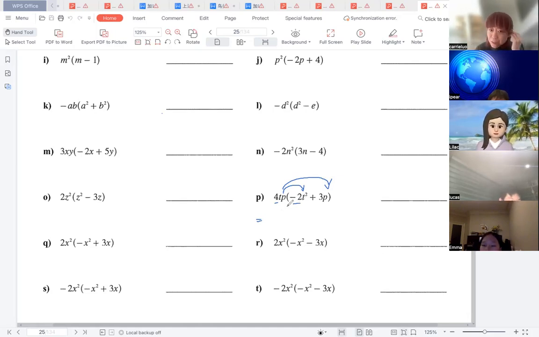Okay, so 4 times negative 2 equals negative 8. So t times t squared equals t cubed and p. Okay, plus 12t p squared.